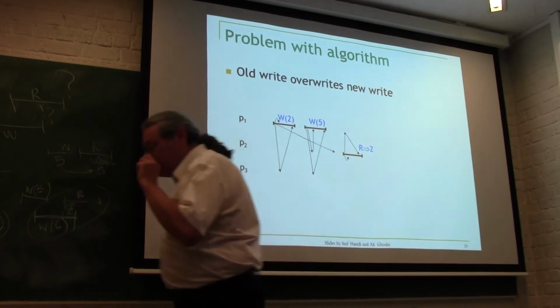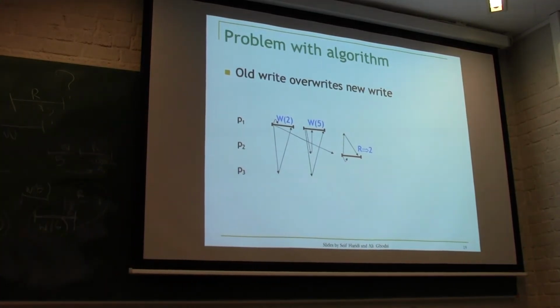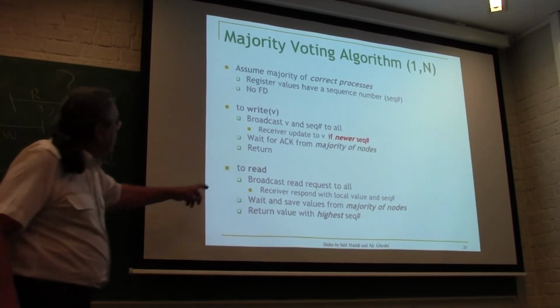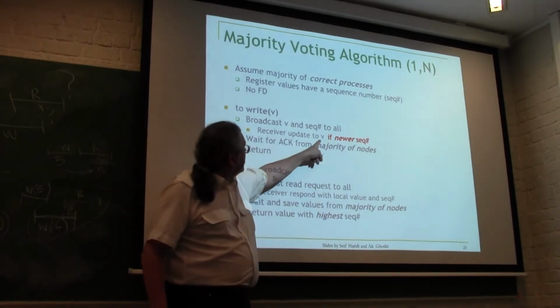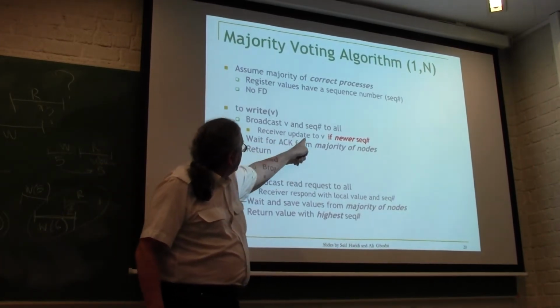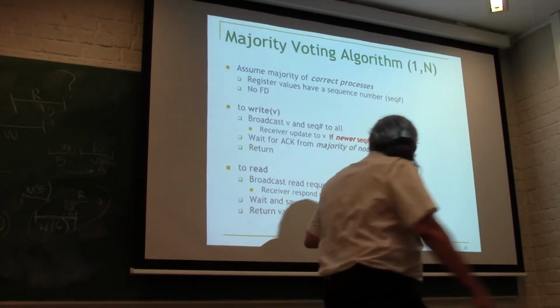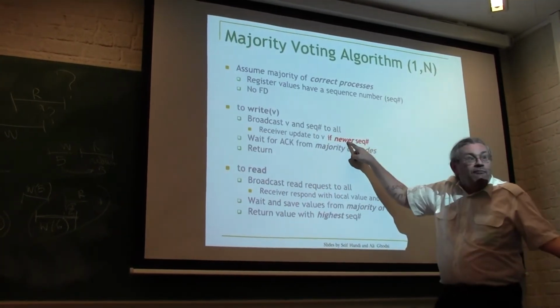So we need to do a small fix, and it's a similar fix to the orphan. So old messages, somehow we have to get rid of them. The fix would be something like this. When I receive a V, I only update if it's a newer value.